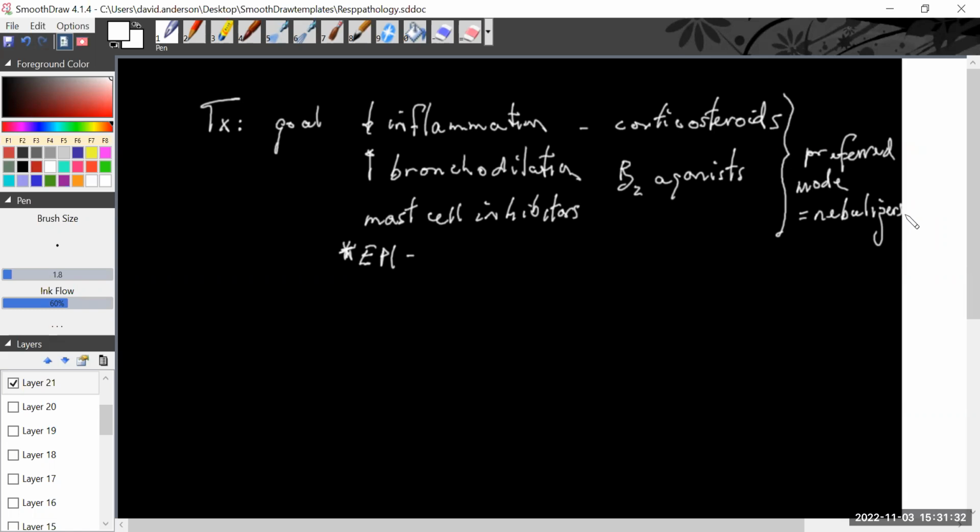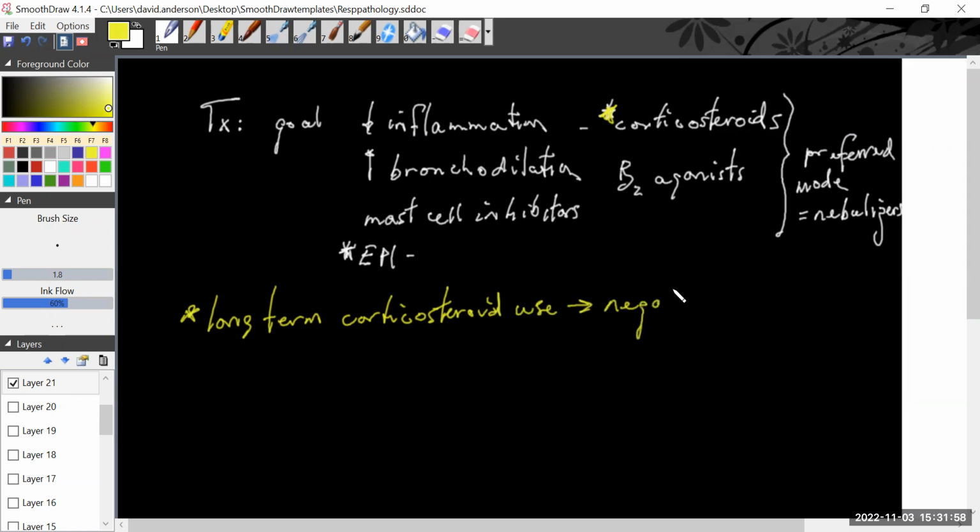Now, one of the things we have to be aware of, hopefully you're probably aware of it by now, but, you know what? I better put a different color in there. We know a little bit about this already when we talked about the stress response.